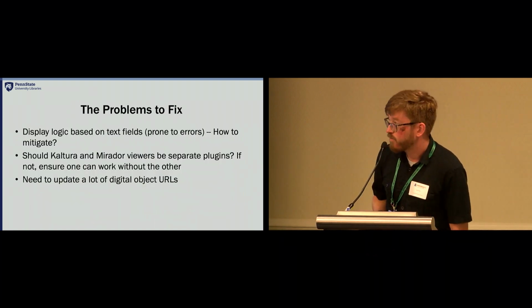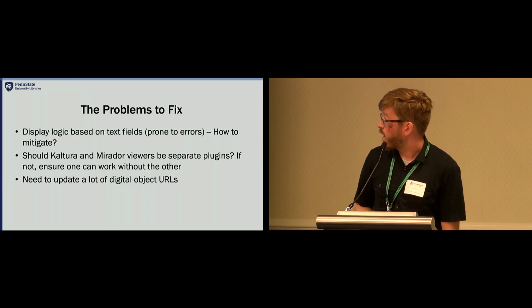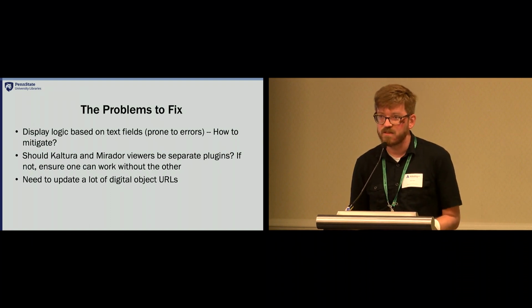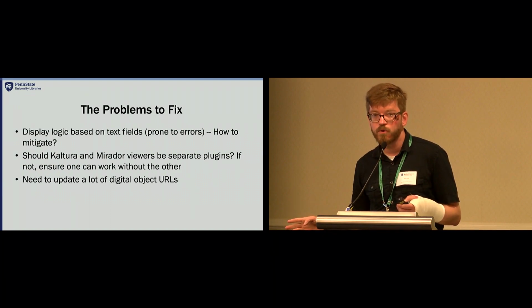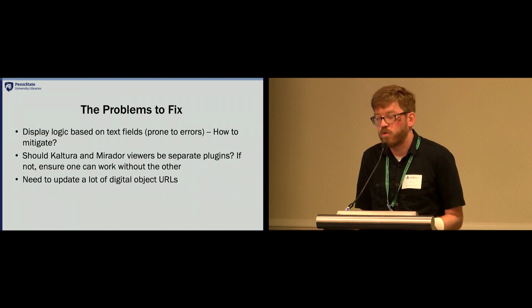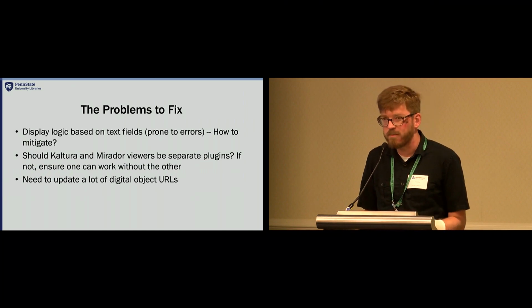Here is what I still have to do. The display logic is looking for substrings within the file URI, which is super prone to error. I'm trying to figure out if there's a way to mitigate that at all.